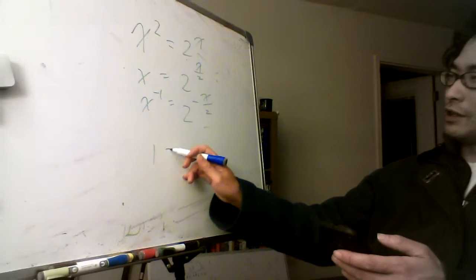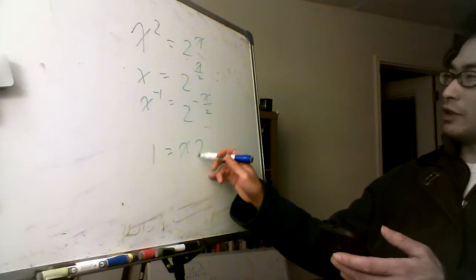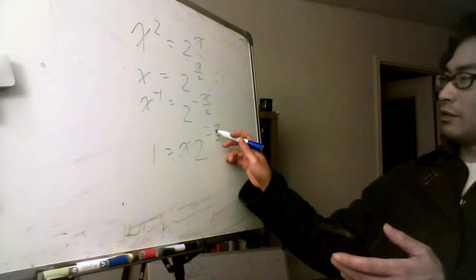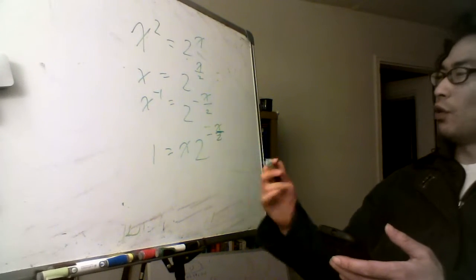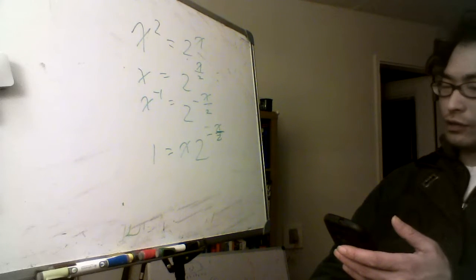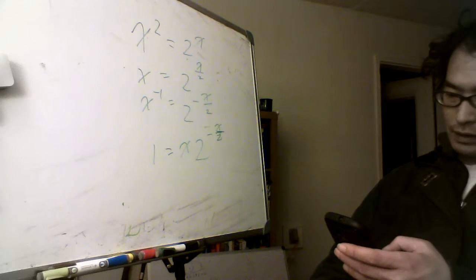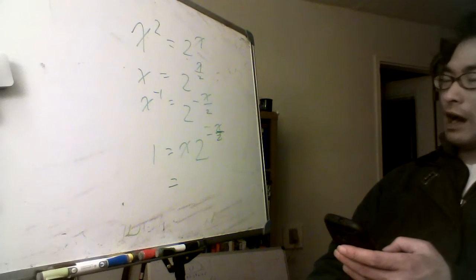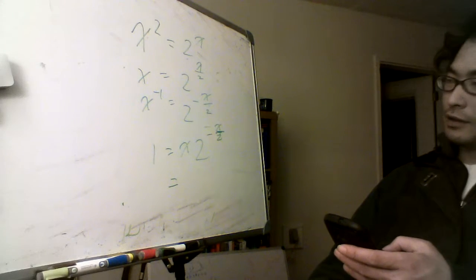So 1 is equal to x times 2 to the minus x over 2. Okay, so I guess he knows about this Lambert W function and he wants to take advantage of that. Okay, and then he did this mathematical acrobatic.